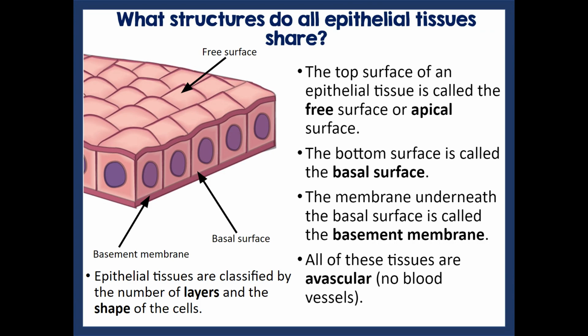There are going to be three types of simple epithelial tissues, and they get classified by the number of layers and the shape of their cells. Those are the two criteria that you're looking at. How many layers does the epithelial tissue have, and what's the shape of it? If you can answer those two questions, then you can classify it.